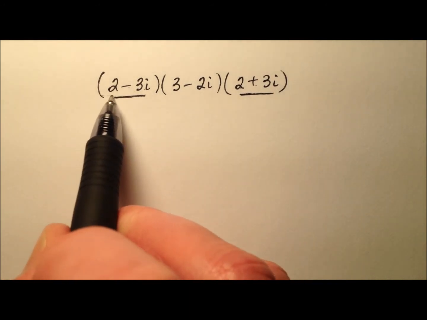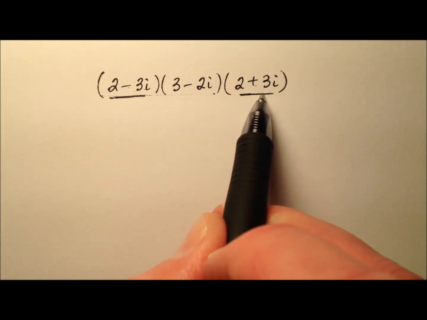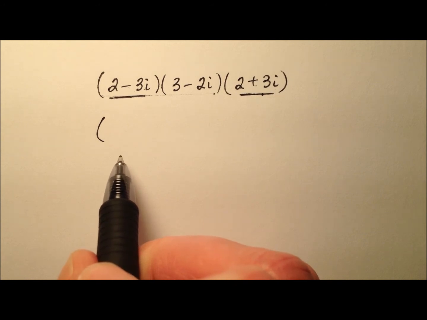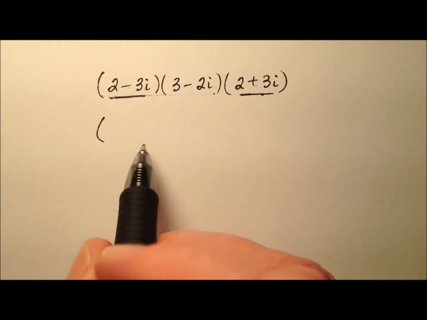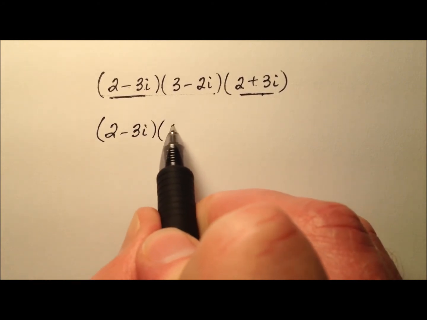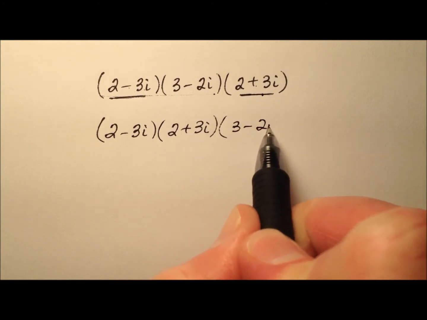So instead of multiplying these two first and taking that product times this one, I'm going to change the order, and with complex numbers, multiplication is commutative, so I can change the order around. So 2 minus 3i times 2 plus 3i, and then 3 minus 2i.